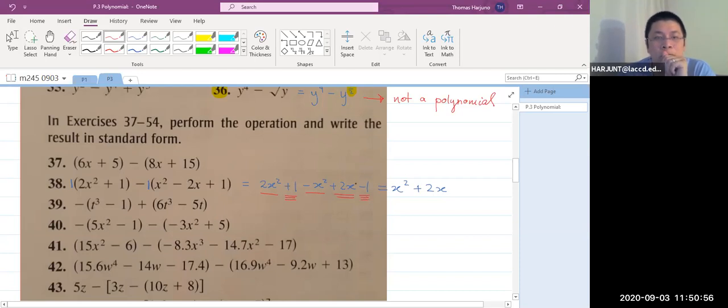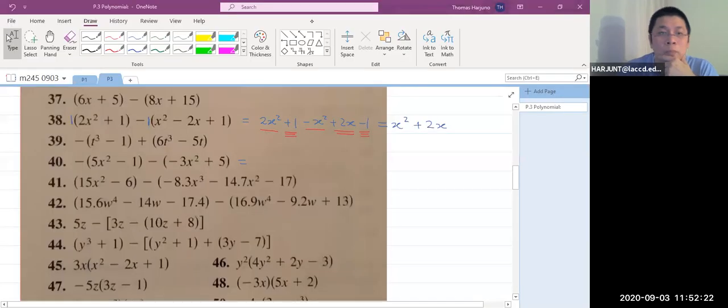Okay, now can you try for me number 40? Let me give you 1 minute. Number 40, I get negative 5x squared plus 1 plus 3x squared minus 5, right?